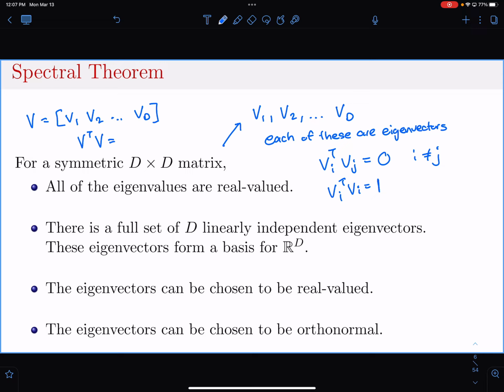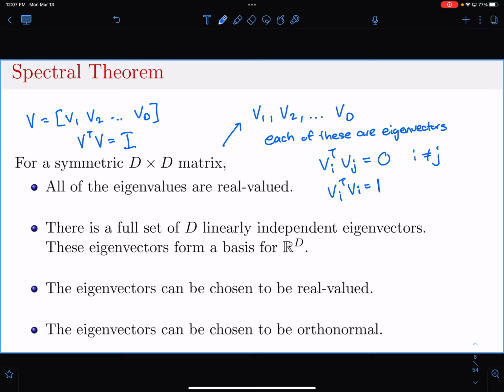Yeah, it's going to be the identity matrix, because you can think of V transpose V as doing exactly one eigenvector times another eigenvector. So it's going to be 1 on the diagonals and 0 everywhere else.